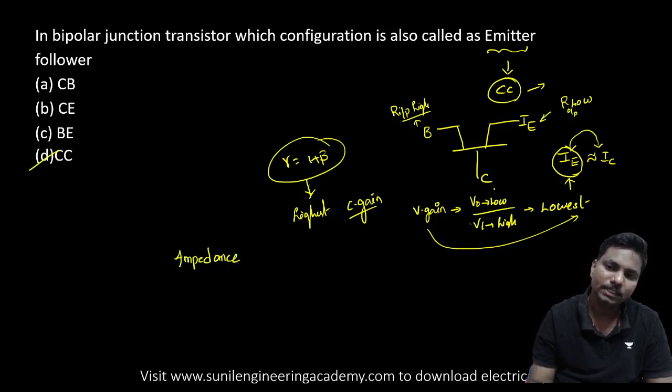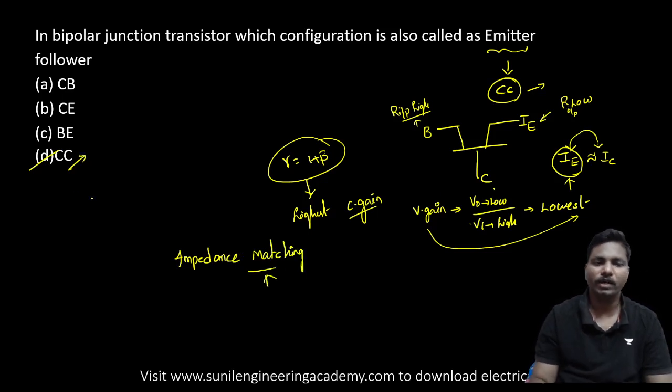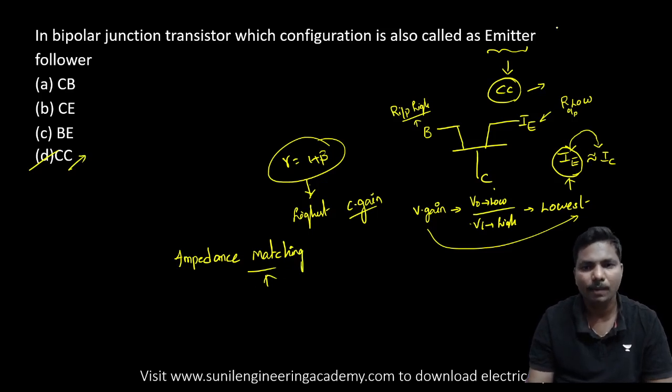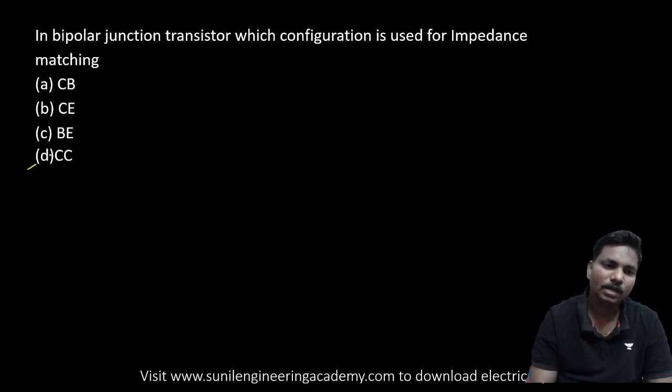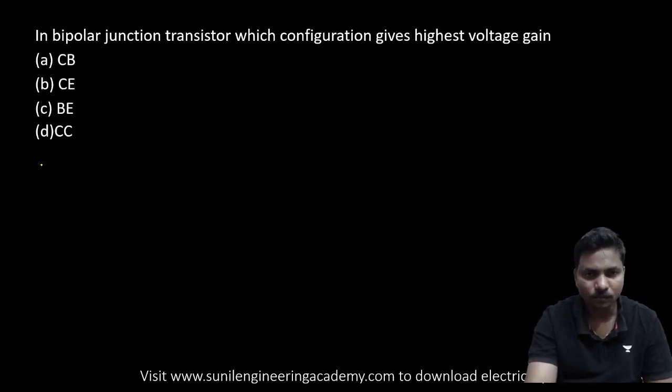Because the output resistance is low, so we can easily match with the impedance of the load. That is the advantage of common collector. These two are very important. Here they have asked which configuration is also called impedance matching, common collector. Which has the highest voltage gain?